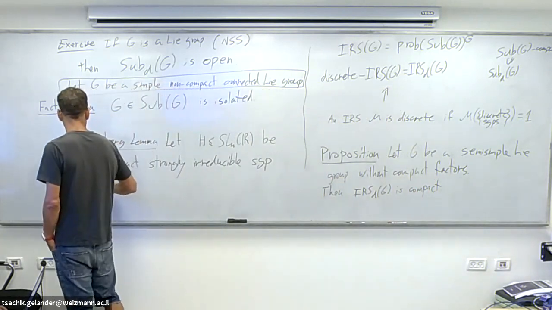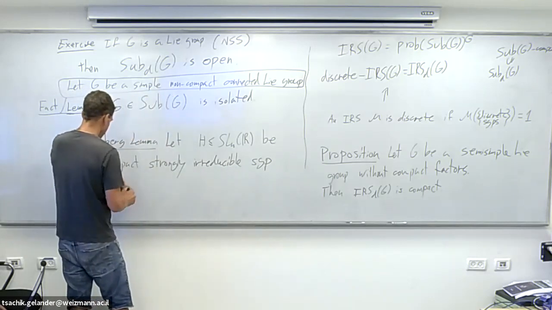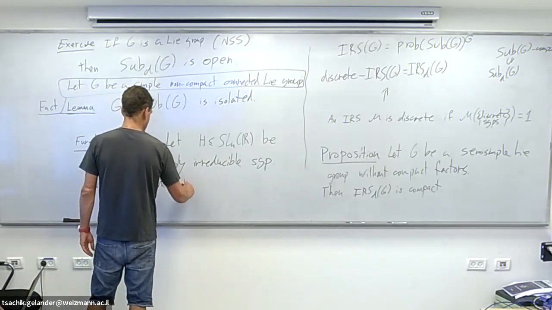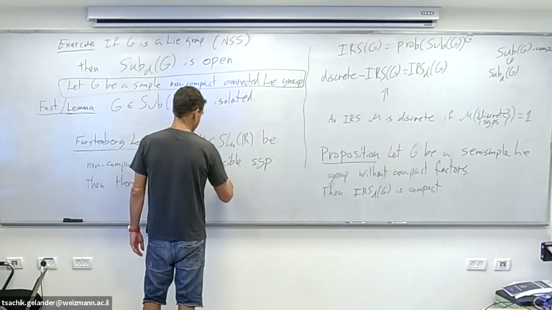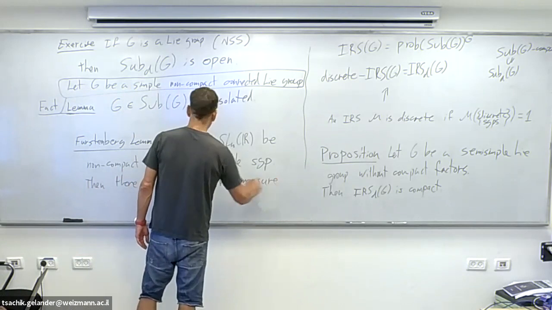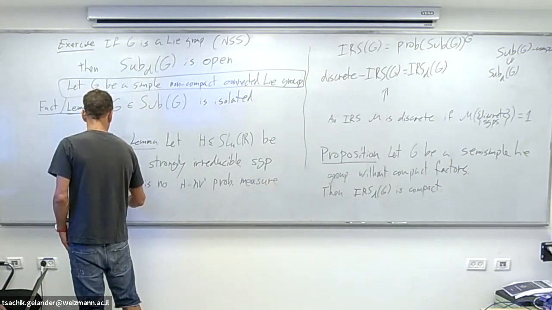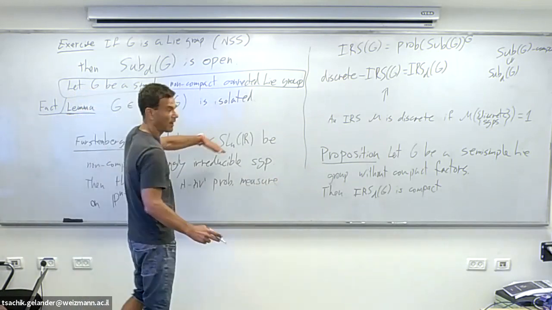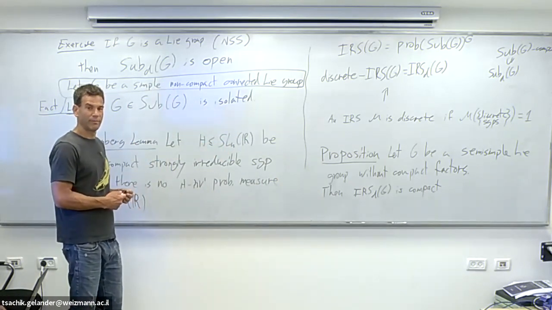What is strongly irreducible? Then there is no H invariant probability measure on the projective space. SLNR acts on Rn, and therefore on lines in Rn, which is the projective space.